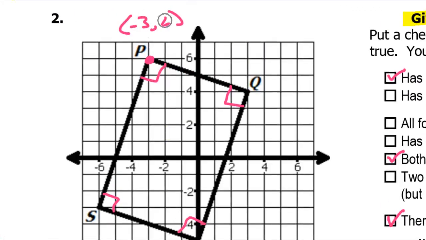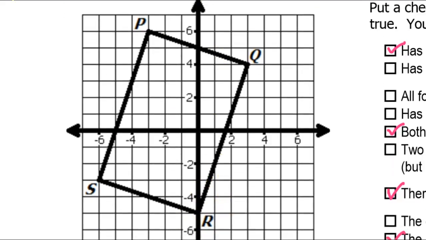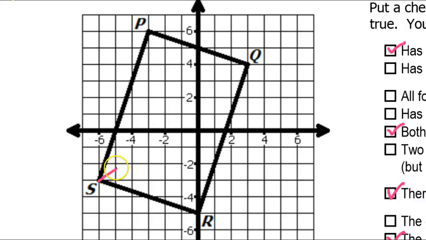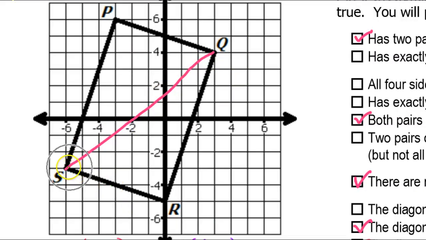So the diagonals are, okay, let me just erase some of this. So here are the diagonals. For example, SQ is one diagonal. And if I want to find the length of that diagonal, I can simply do the Pythagorean theorem by making a right triangle out of it, where SQ is the hypotenuse.